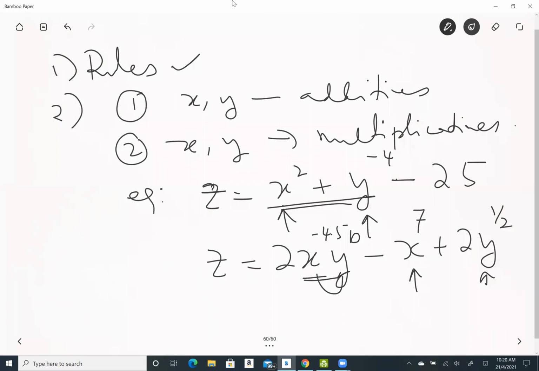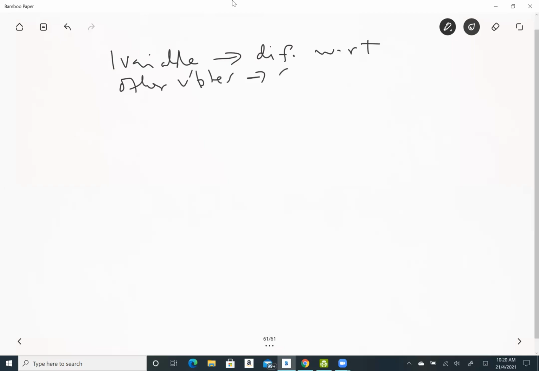Number three, when you do the derivative with respect to one independent variable, the other independent variables will be kept constant. That is the basic rule. One variable is the variable that you differentiate with respect to, and the other variables are constant.